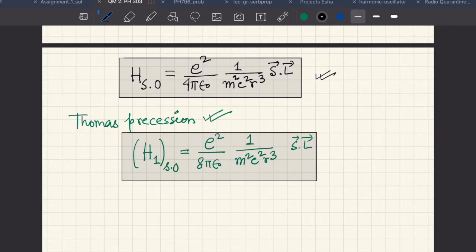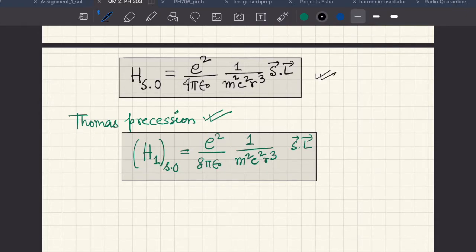Now, what is the physical meaning of this spin-orbit coupling? It is basically due to the torque exerted on the magnetic dipole moment of the spinning electron by the magnetic field of the proton. And of course, this magnetic field is there because it is being seen in the electron's instantaneous rest frame.